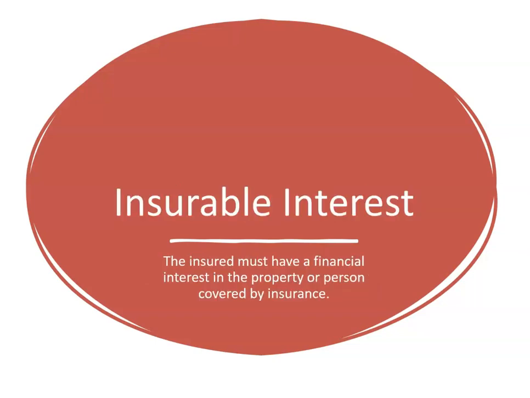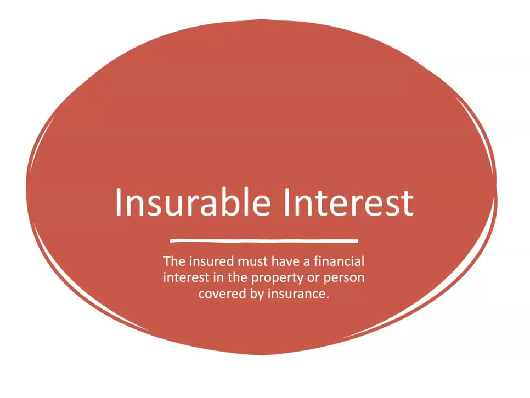Insurable interest. The insured must have a financial interest in the property or person covered by insurance. You can only insure something if losing it would cost you money. This prevents people from taking out policies on property or lives they don't own or benefit from.